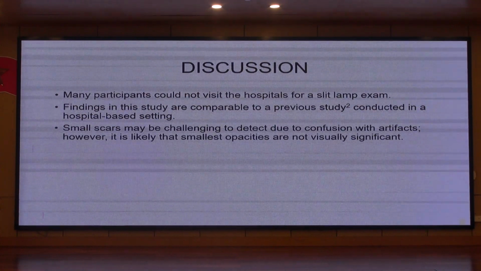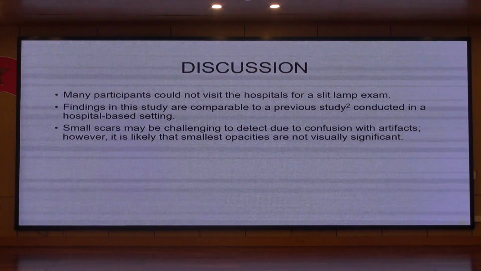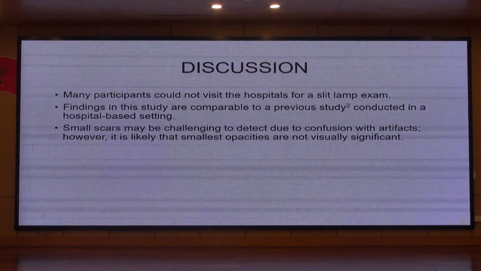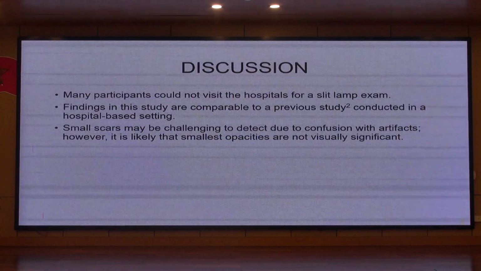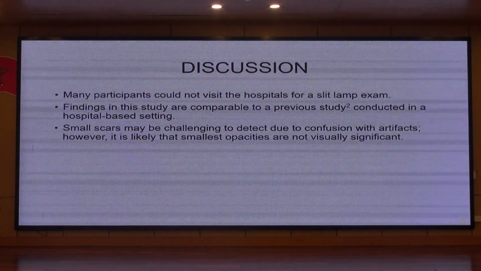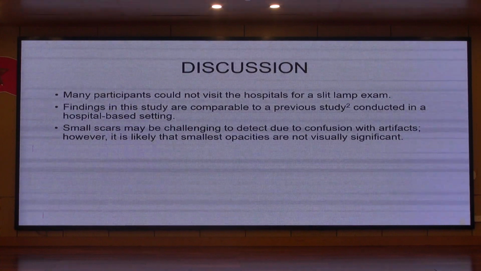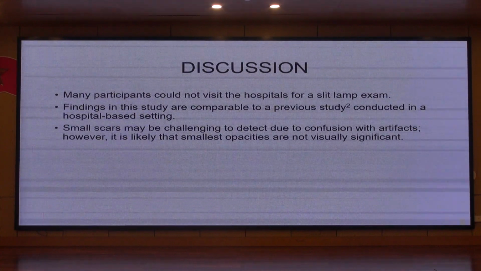And there are multiple reasons that small scars can be challenging to detect. One of those is artifacts. When we take pictures of the cornea and then look at them, it's possible that we can see the reflections of the light in the cornea, or sometimes the reflection of the patient's eyelashes or their nose, or sometimes the reflections of the nails of the person who took the photos.